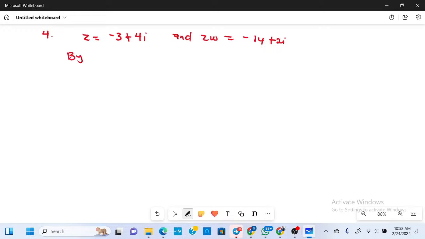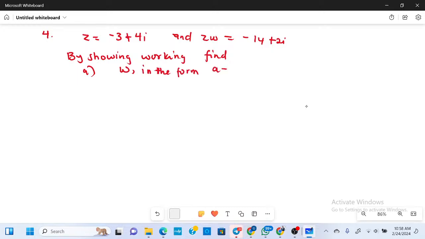By showing working, find w in the form a plus bi, then the modulus and argument of w.